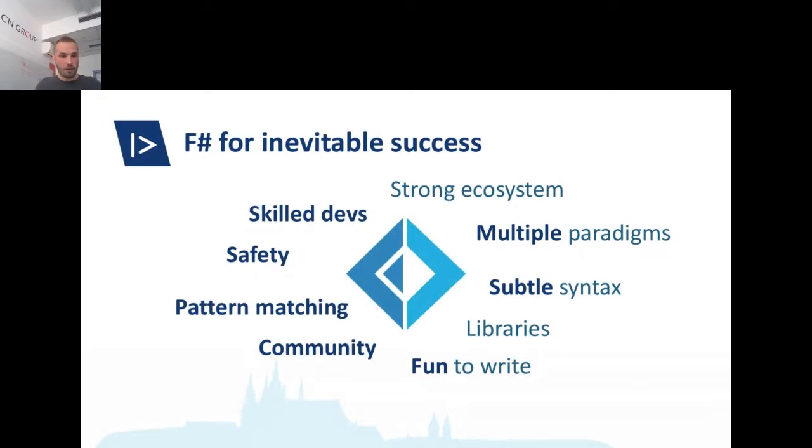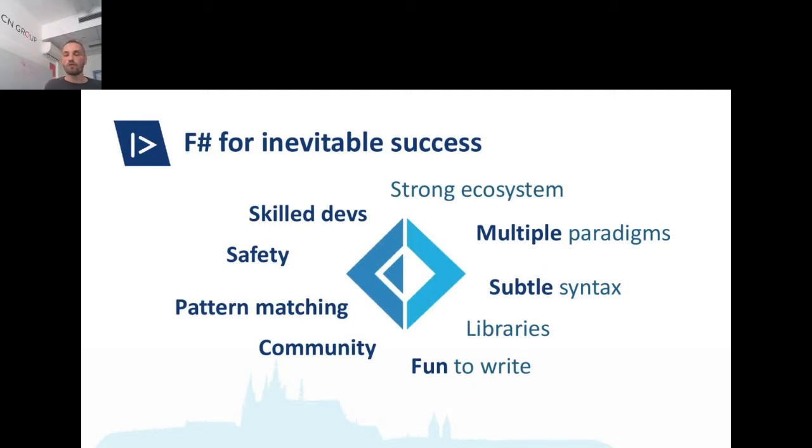So if I do a quick summary of why F# has been a success for 5 years in our company, it combines a strong ecosystem with multiple paradigms, and a really nice syntax that is easy to work with. We have strong libraries. It attracts really skilled, curious developers with a different mindset.